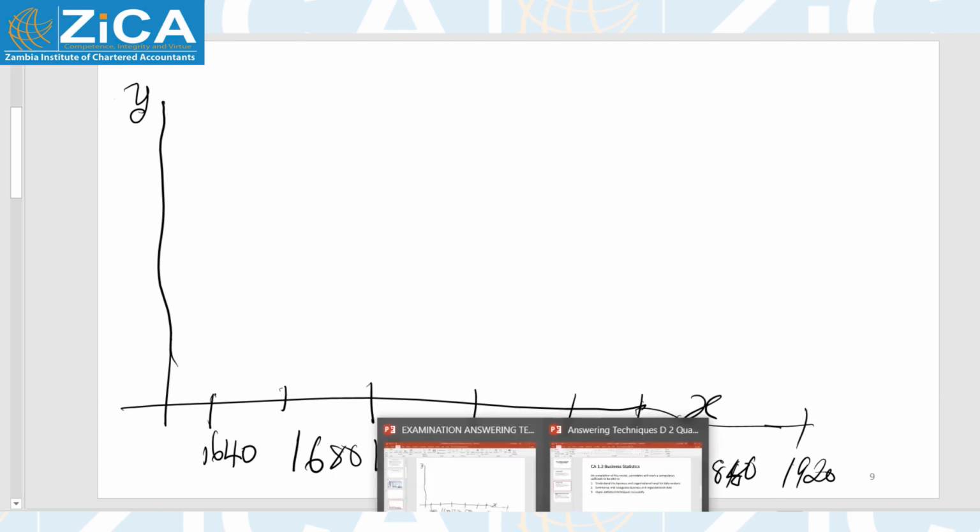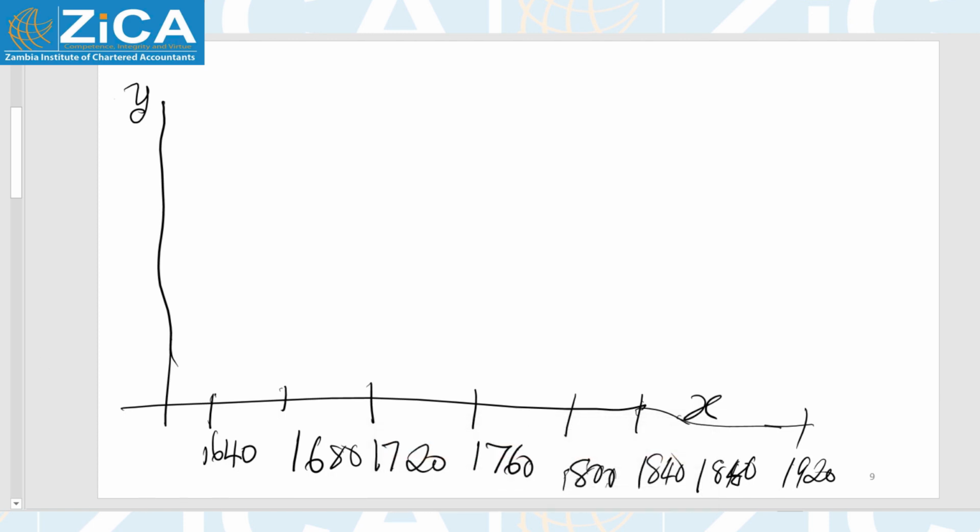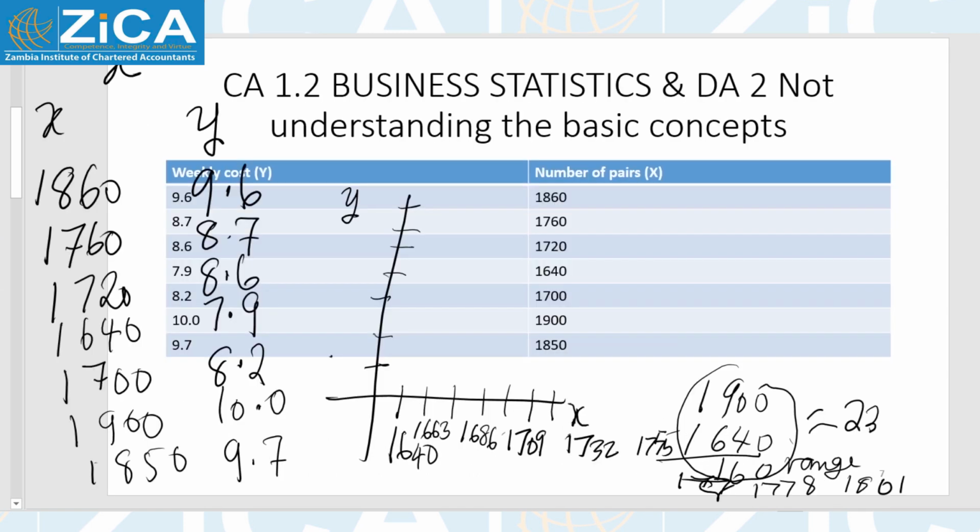Then for the y-axis, if you look at the numbers, we have 9.6, 8.7, 8.6. So the smallest number there is 7.9, and the maximum is 10.